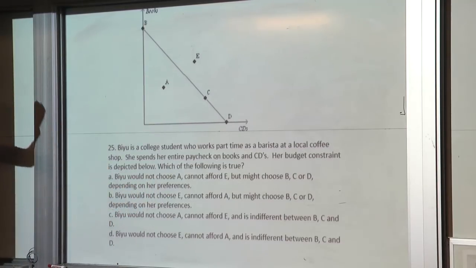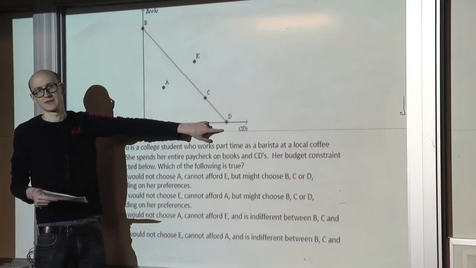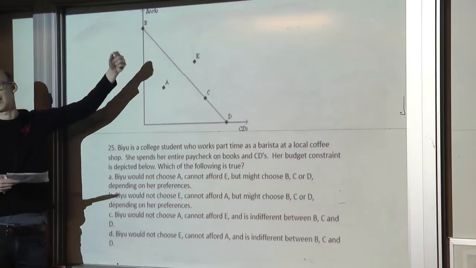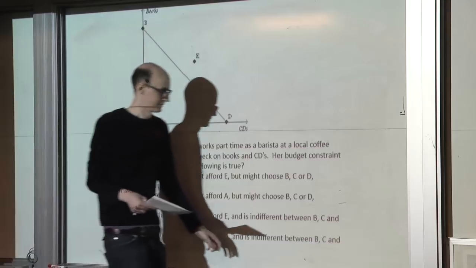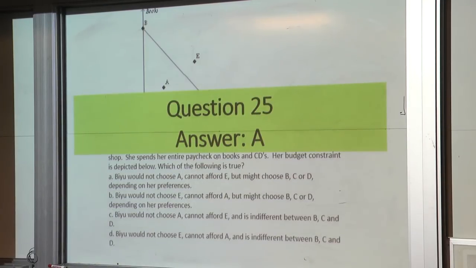So that's the maximum amount she could purchase of books or CDs. And so she won't go to A because she would prefer to have more books or CDs, right? In these indifference problems, more is always better, or almost always better, and so you'll never want to go below what you can afford, okay? So the answer is A.